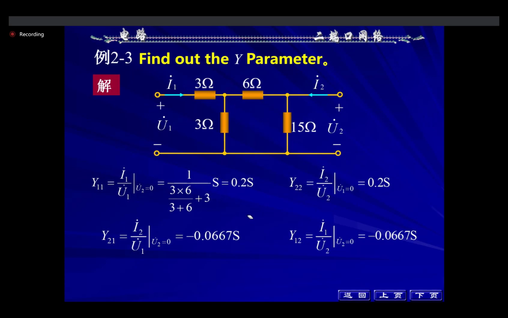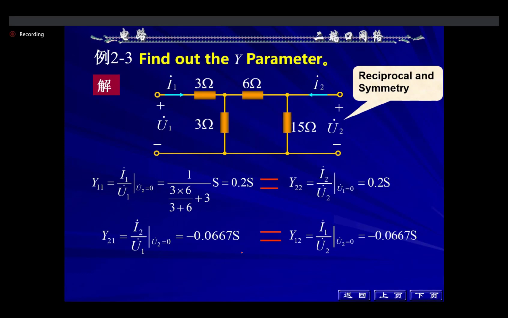We can find Y22 equal to Y11, Y12 equal to Y21. So this Y parameter is symmetry. This circuit is also symmetry. So the circuit construction is not symmetry, but the electrical property is symmetry. So this circuit is reciprocal and symmetry.